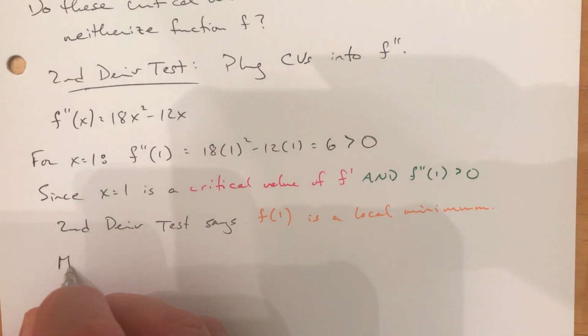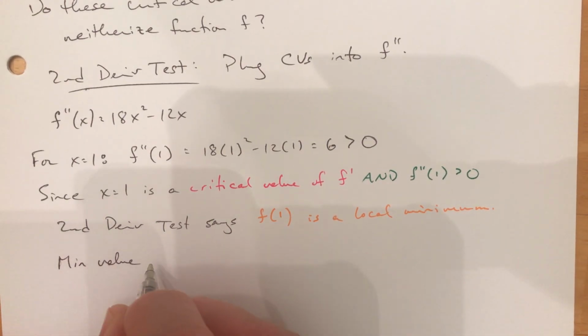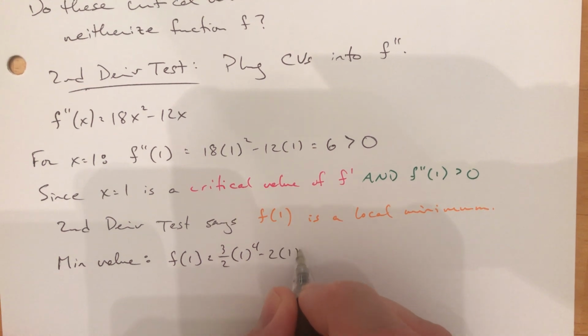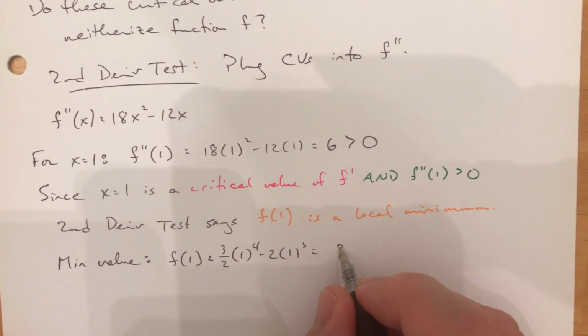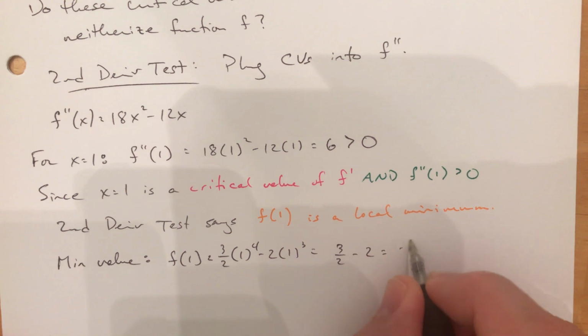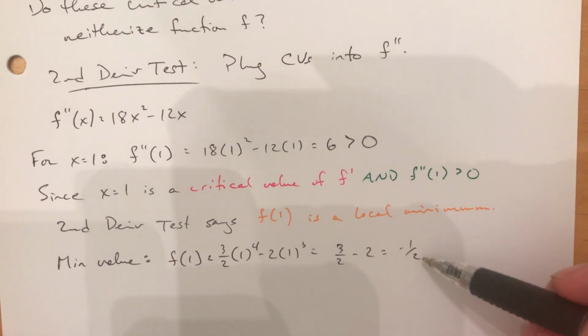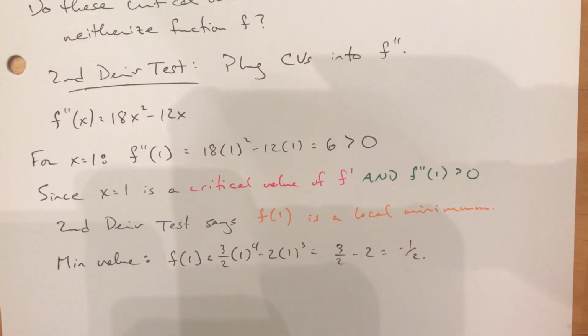Our minimum value, of course, is f of 1 is 3 halves times 1 to the 4th minus 2 times 1 cubed is 3 halves minus 2 is negative a half. So how low does the function go? How low is this minimum? It goes negative a half on the y-axis.